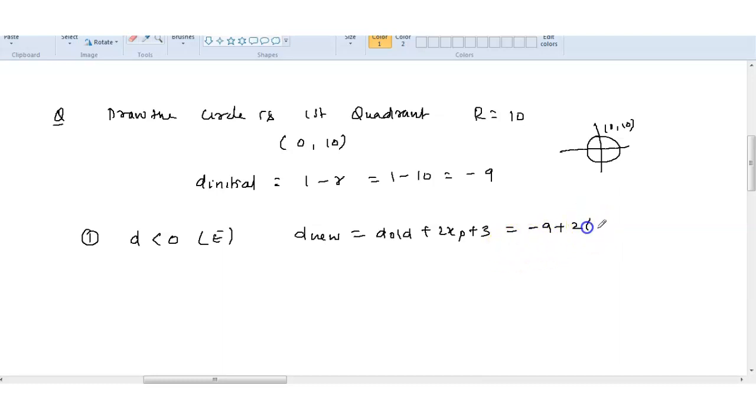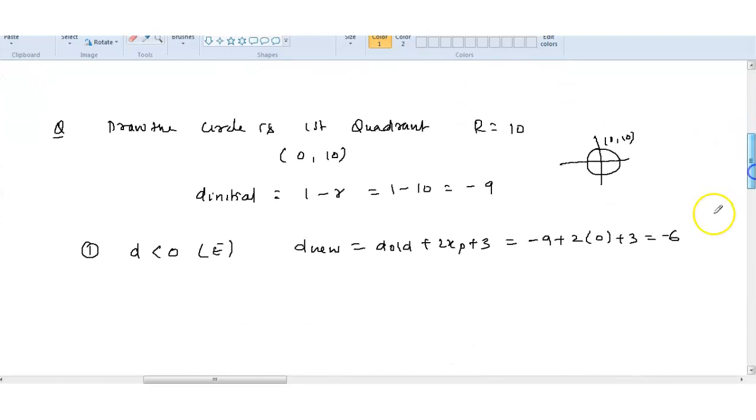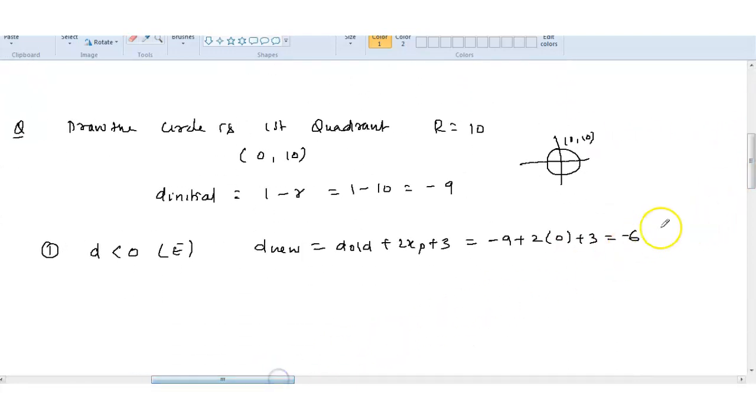So 2 into xp means x coordinate, which is 0, and plus 3. So this will get us minus 6. And we have to do it here x increment and y no changes. So x increment and y no changes means the coordinate becomes 1 and 10. X will be 0 plus 1, which is 1, and y no changes.